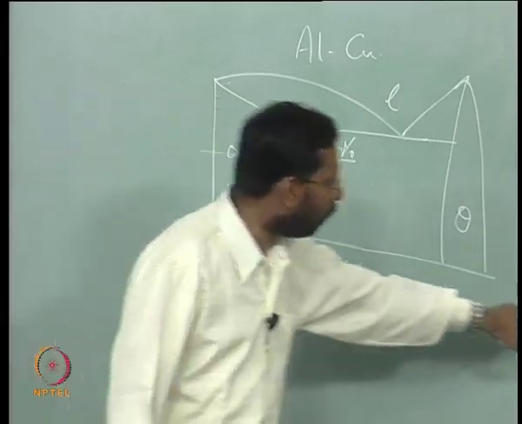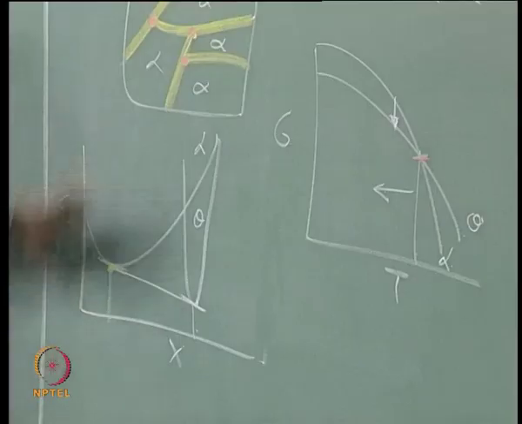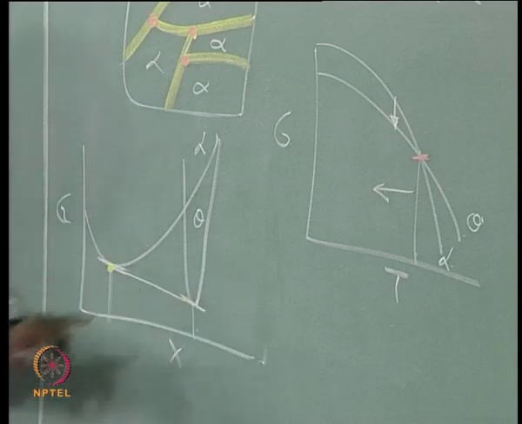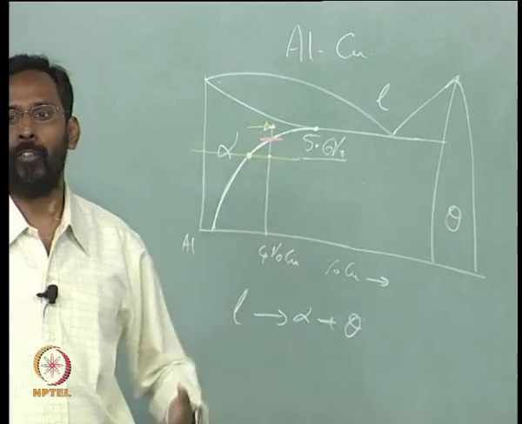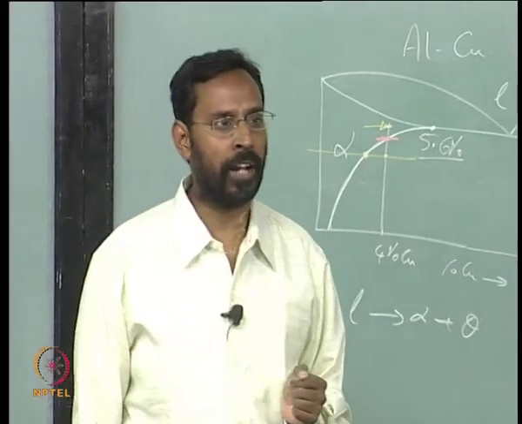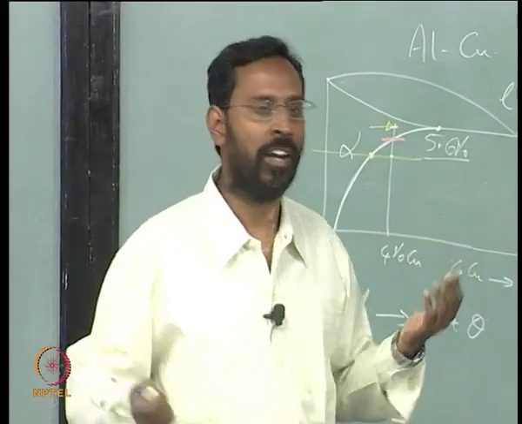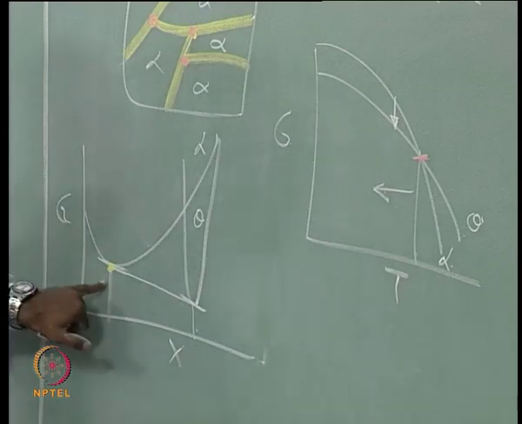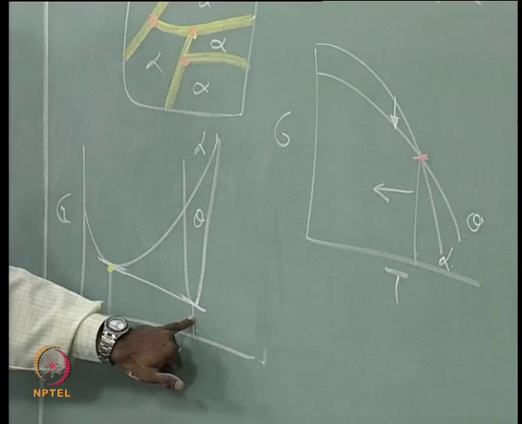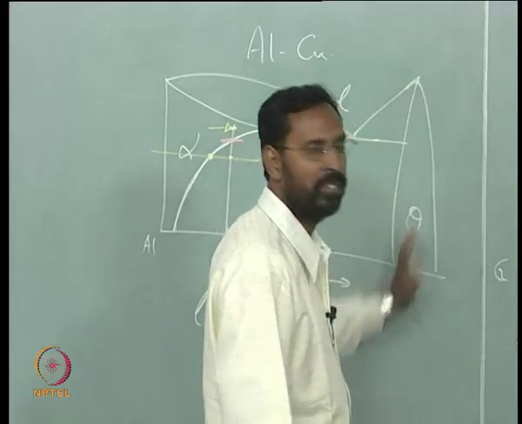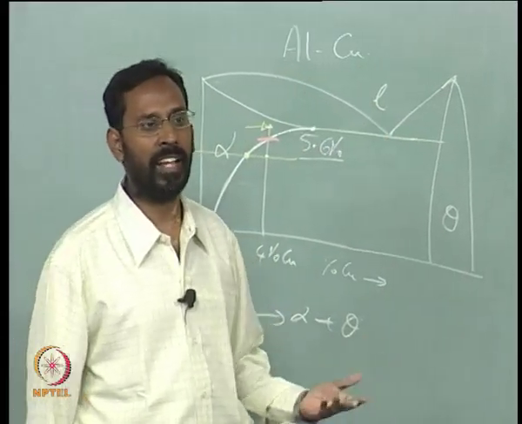So these compositions that you get at various temperatures, which is nothing but the equilibrium between alpha and theta, are nothing but this. In principle, if I draw alpha and theta free energy composition diagrams at various temperatures and get these compositions, the theta composition is not going to change, because it is like a line compound.